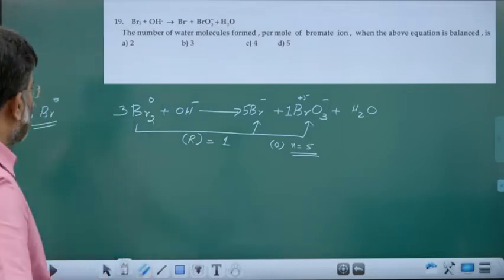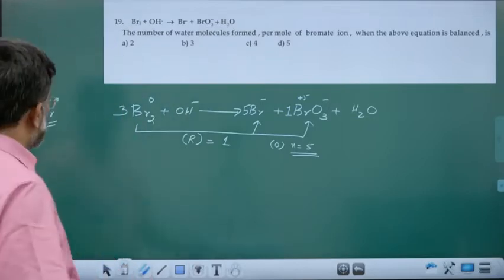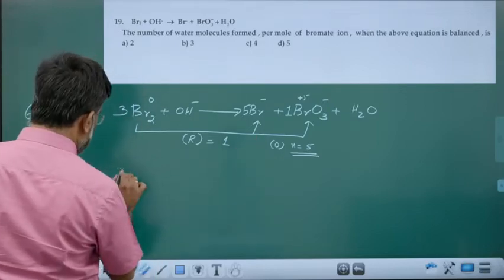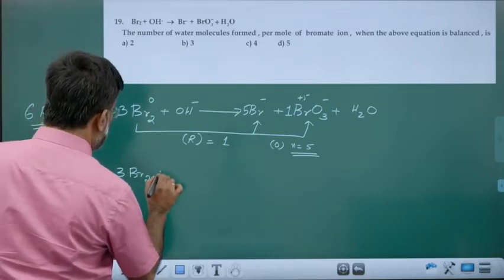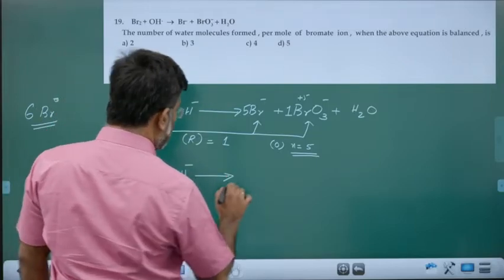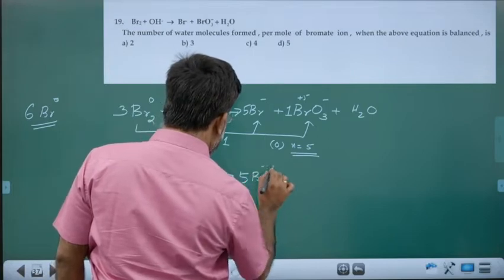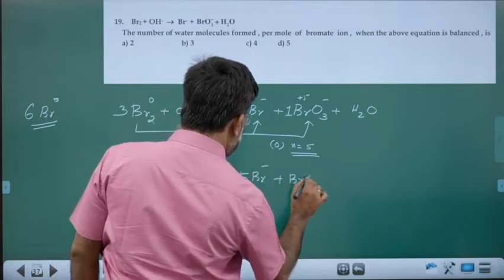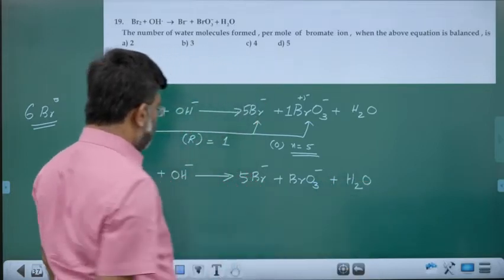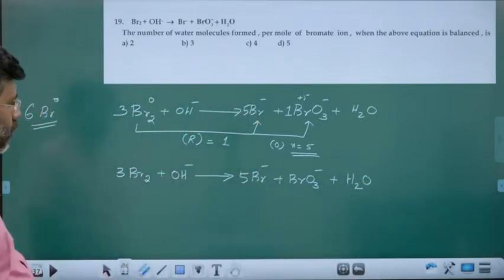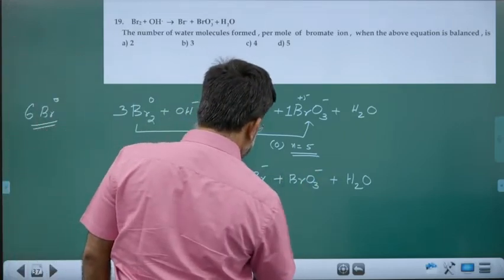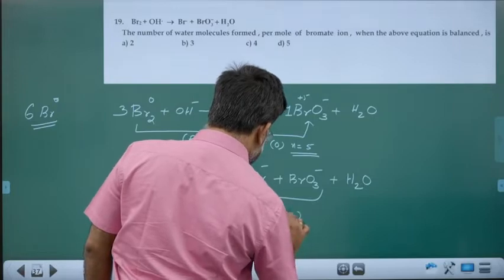Yes. So the electron balanced equation is 3 Br2 plus OH minus giving 5 Br minus plus BrO3 minus plus H2O. And I think all of you know how to balance the charge. Here it is 5 charge, 1 charge, a total of 6 minus charge.